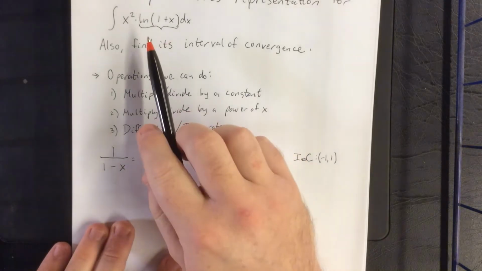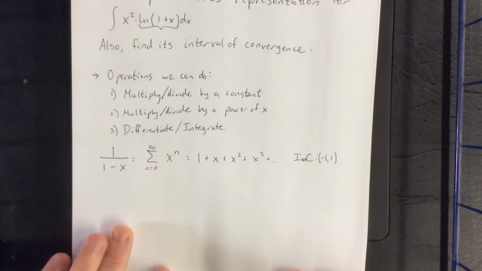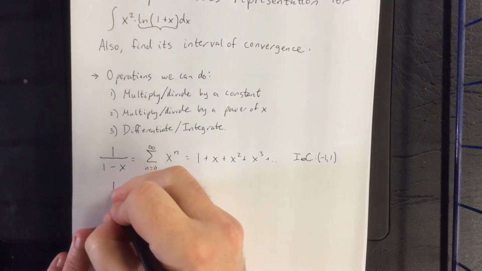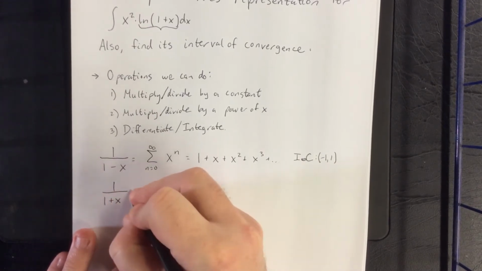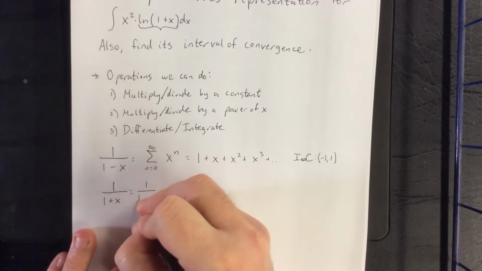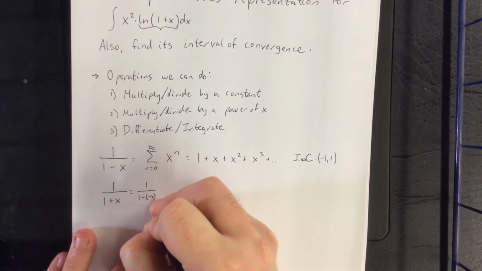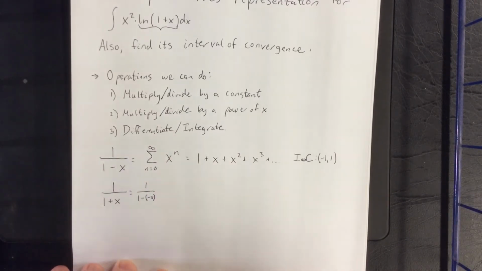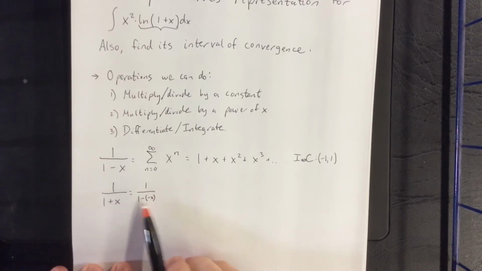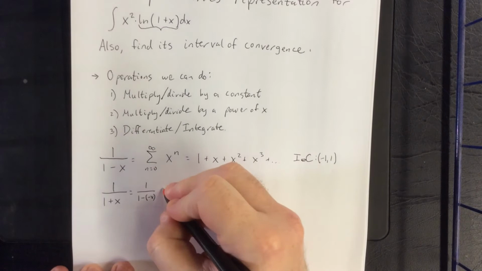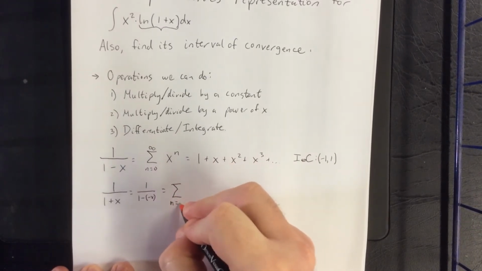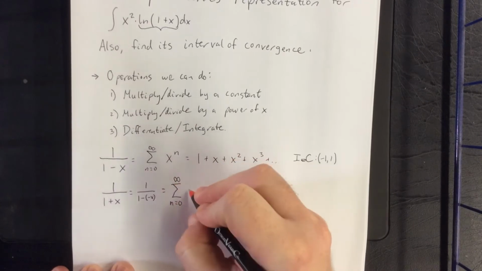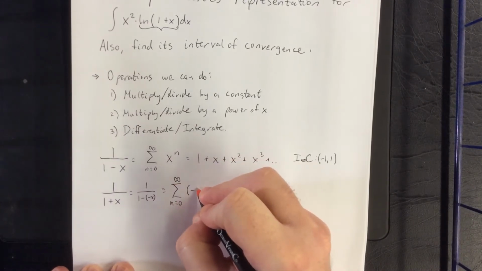Now I notice up here that we have the natural log of 1 plus x, so I'd like to alter this into a 1 plus x, and the way that we're going to do so is by claiming that 1 plus x is the same as 1 minus negative x. Reason being, as long as this takes on the structure 1 over 1 minus something, we can use this geometric series representation, or since we have an x in here, that geometric series becomes a power series representation.